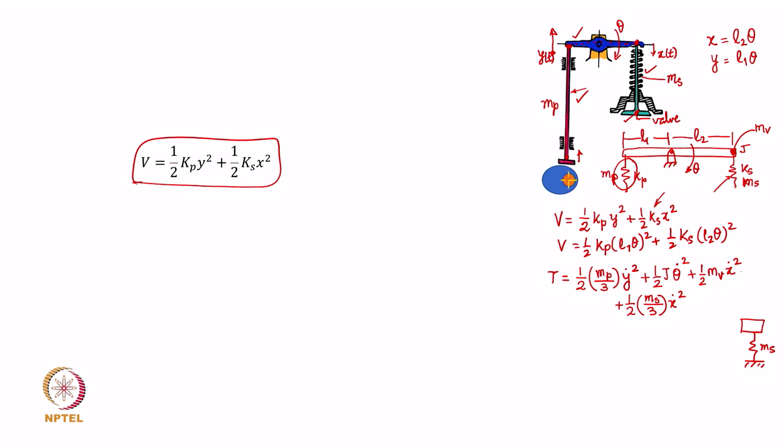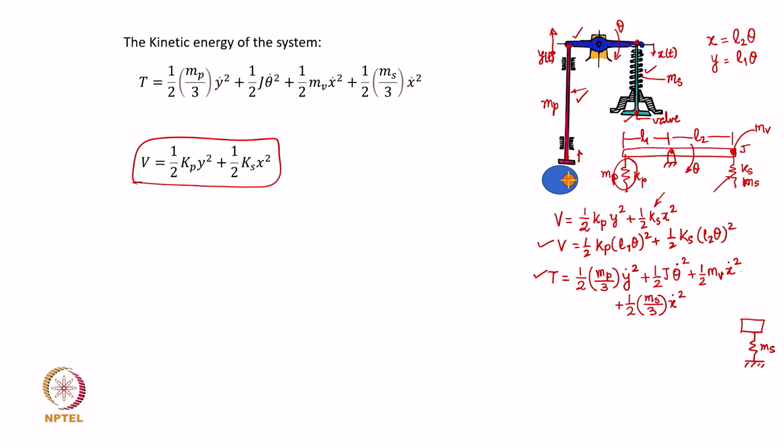Now, once we have obtained these two expressions, one for the strain energy, the other one for the kinetic energy, the next step is absolutely straightforward and very simple. So, this is the expression that we already got, the total kinetic energy and potential energy obtained. And now, what you can do is, it should not confuse that x and y are the 2 degrees of freedom, they are not.